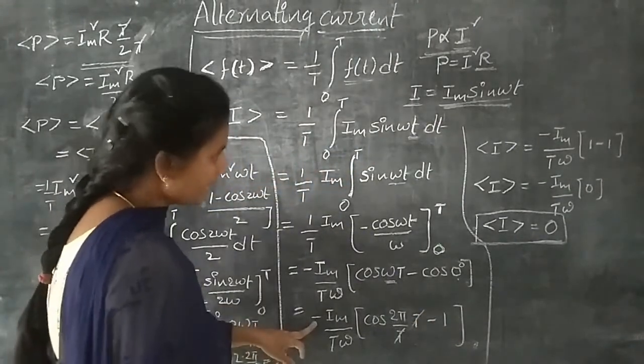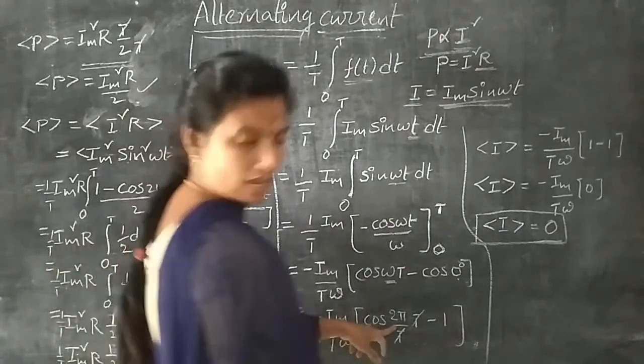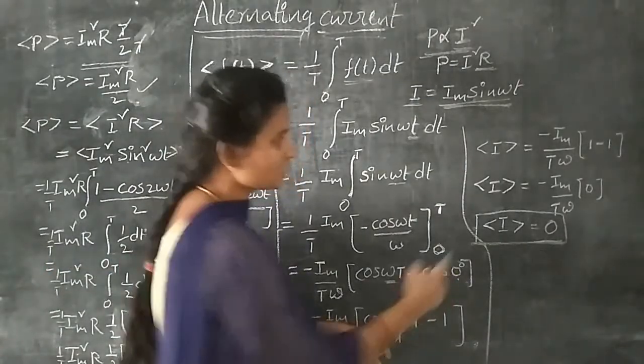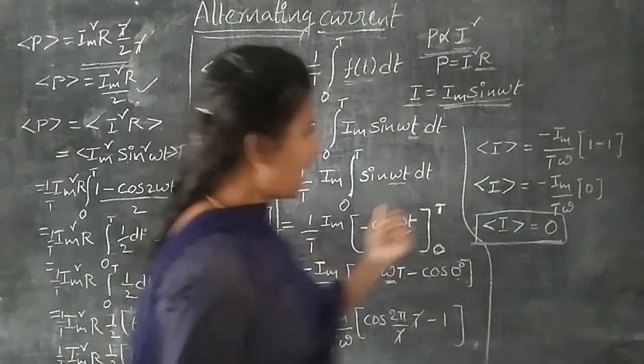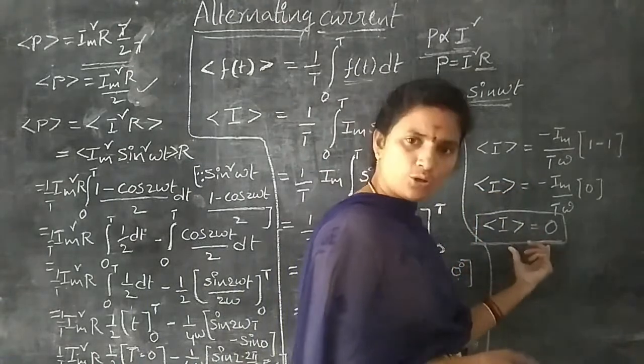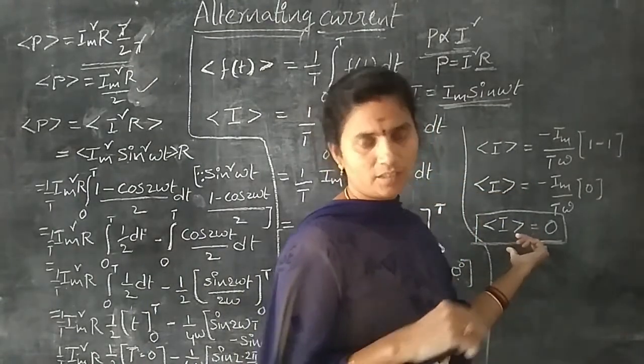So minus Im by T omega, cos 360. Cos 360 is nothing but 1. 1 minus 1 is 0. So the average current is 0 for one complete oscillation.